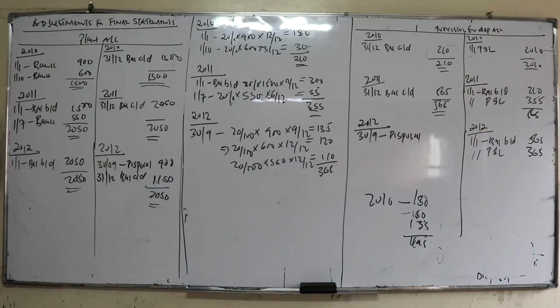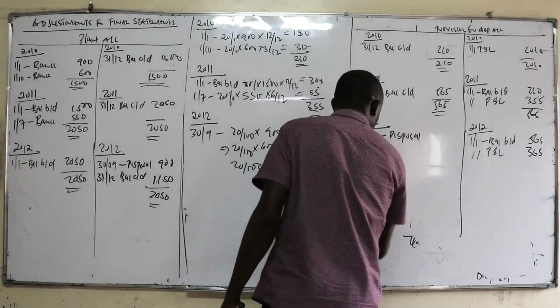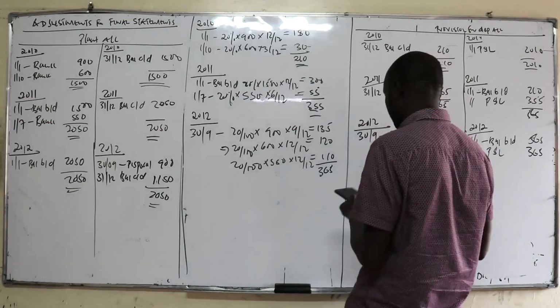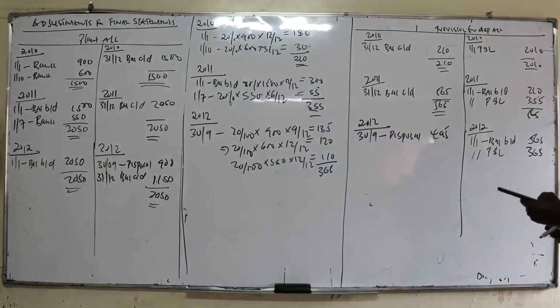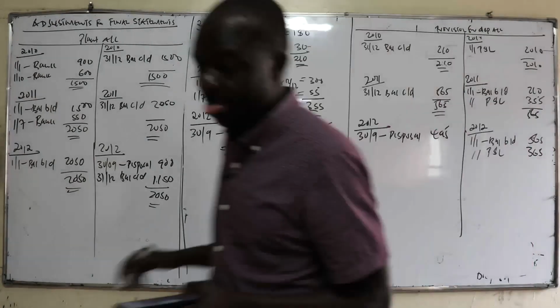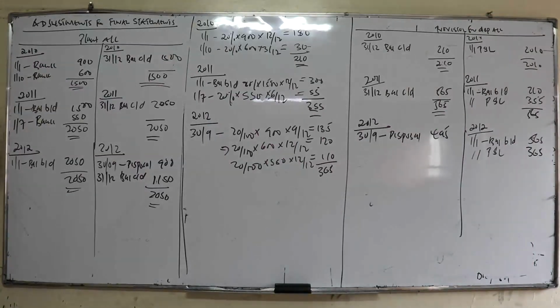So now, because we are selling it off, we are going to debit here. We're going to write here 495. We're going to debit provision and credit disposal. That is the depreciation, 495.